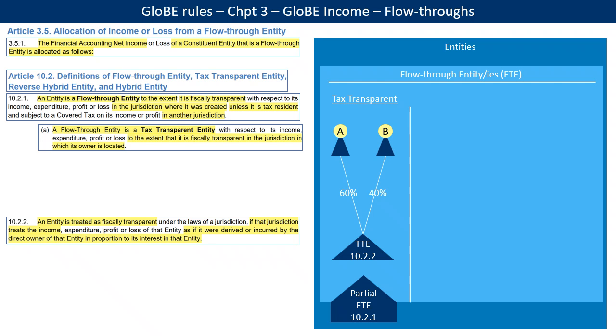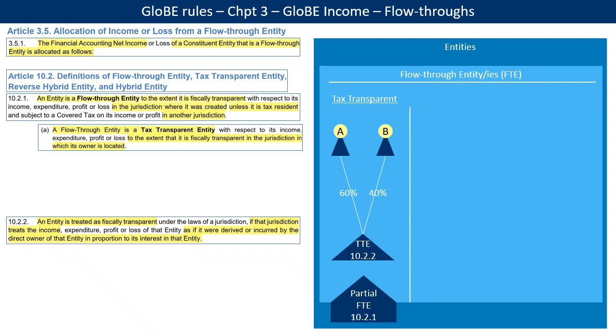So in short, an entity is a flow-through entity if it is fiscally transparent in its residence jurisdiction, because if it was incorporated in another jurisdiction and then moved to this jurisdiction to be resident here, residence always trumps incorporation under this definition.